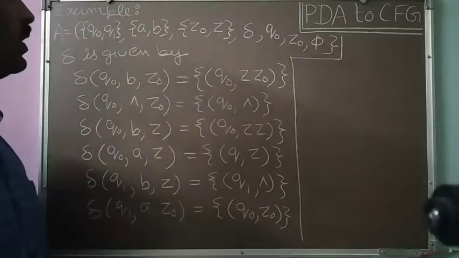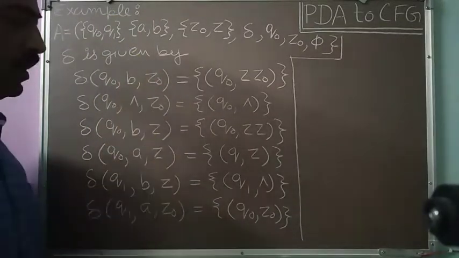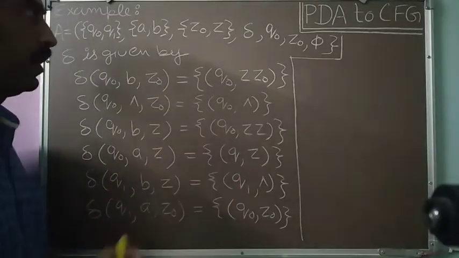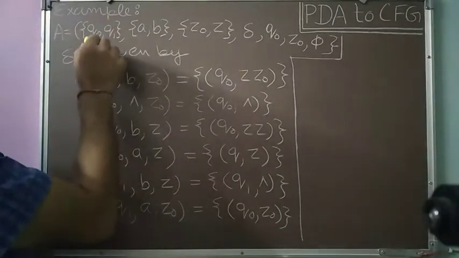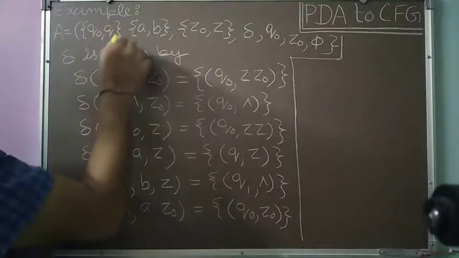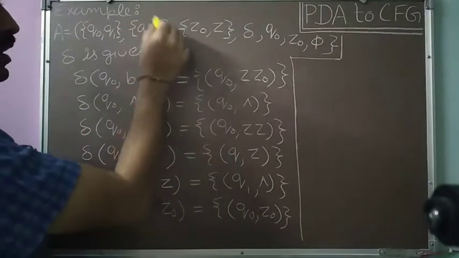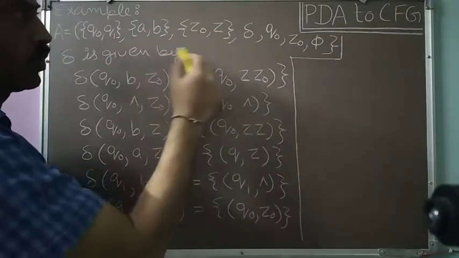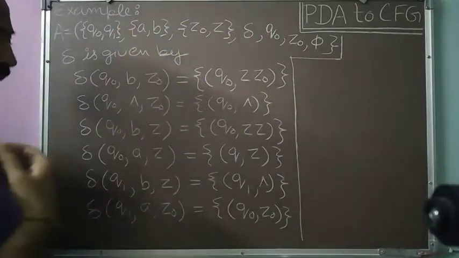Now let us take this example where a PDA is given and we have to convert this PDA to the corresponding context free grammar. The PDA is given by A equal to Q0, Q1, which is the set of states; A, B, which is the sigma; and Z0, Z, which is the rho, that is the pushdown store symbols. Delta is given by these transitions.